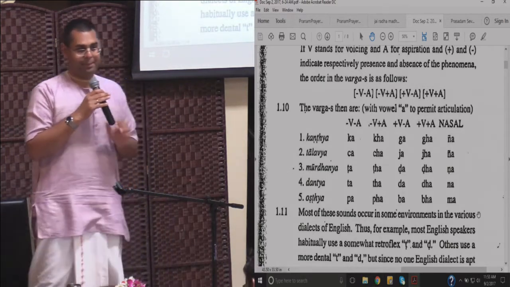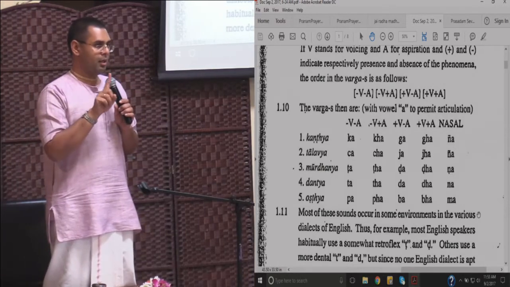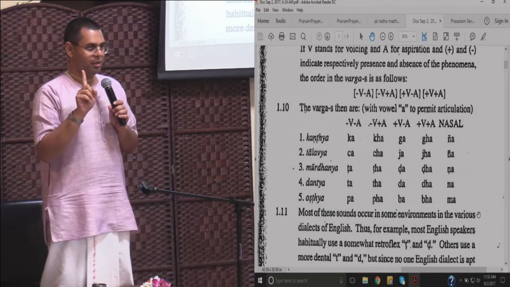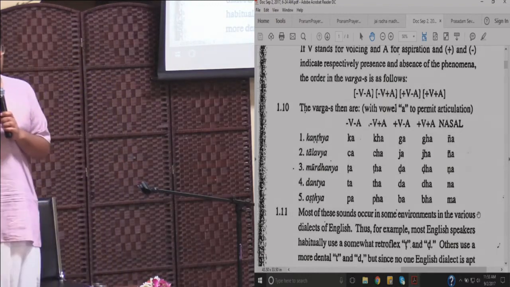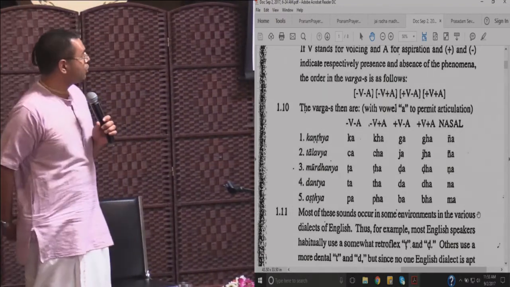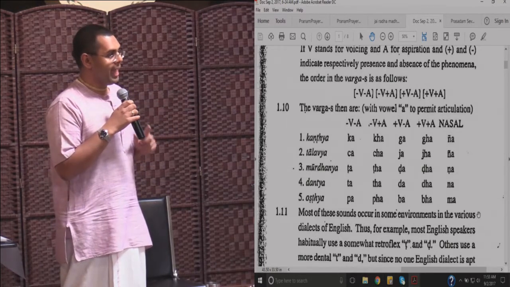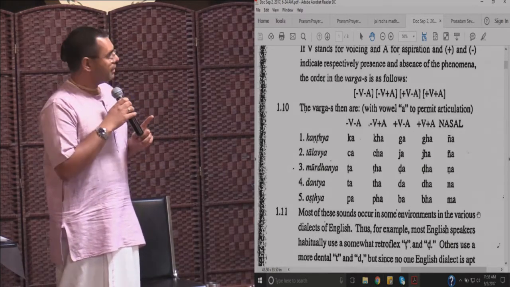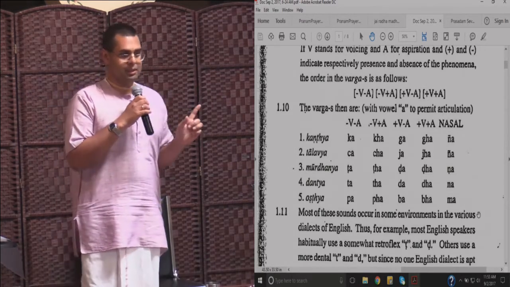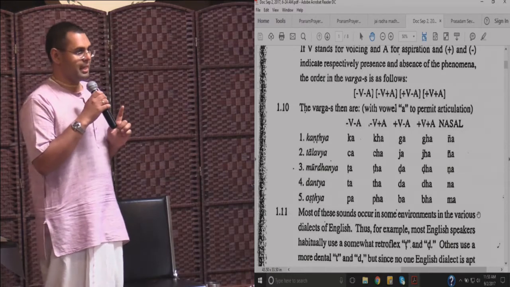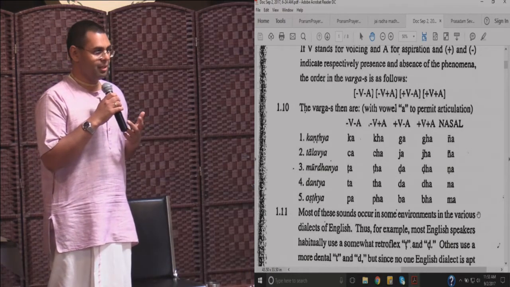The next ones are also T sounds, but they're dentals. They're closer up, at the front of the teeth, just behind the teeth. Ta, tha, da, dha, na. Okay? Now, the difference between these two T's is crucial for good pronunciation. In English, we have one set of T's that is somewhere between the murdhanyas and the dantyas, between the retroflex and the dentals.